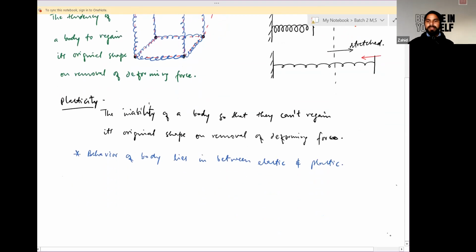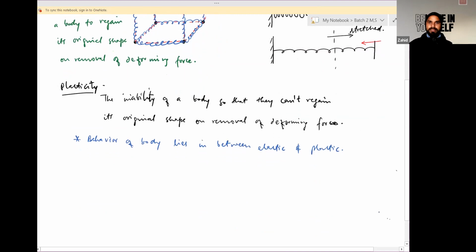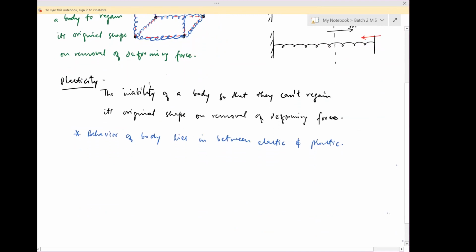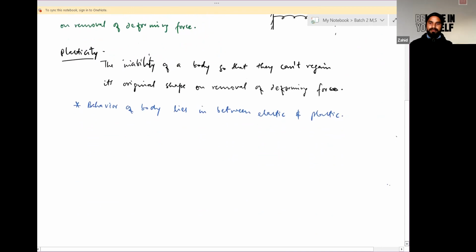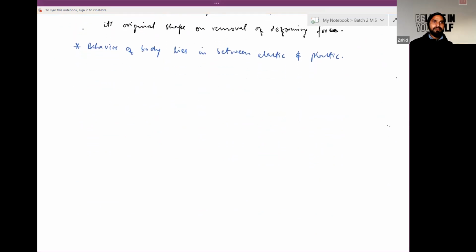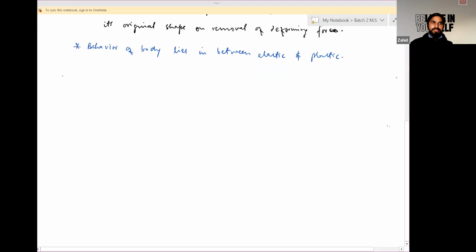Now, the next term is, on the basis of this deformation, we may define some terms. First is stress.